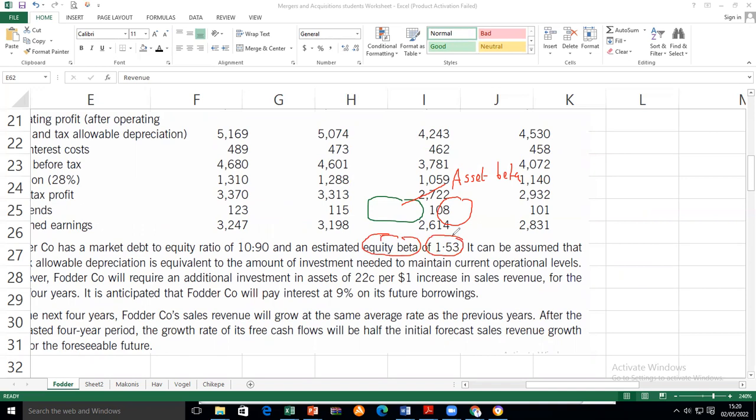This has to be converted to an asset beta. So to me, this arrangement of a free cash flow is not a question. That one is straightforward. Now you have seen what is involved. And that won't give you problems. The only place where you may even spend a bit of time is this issue of the beta.